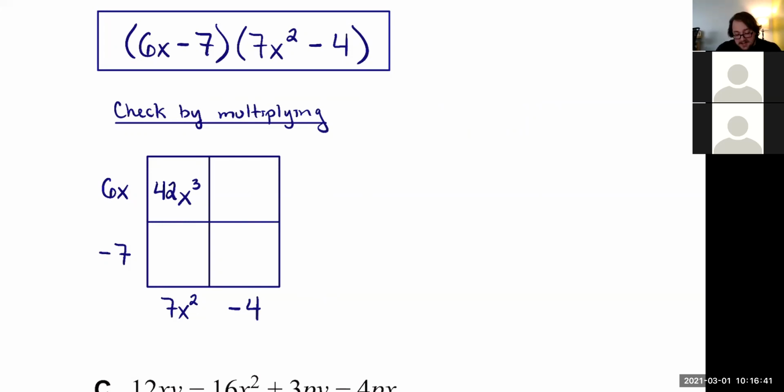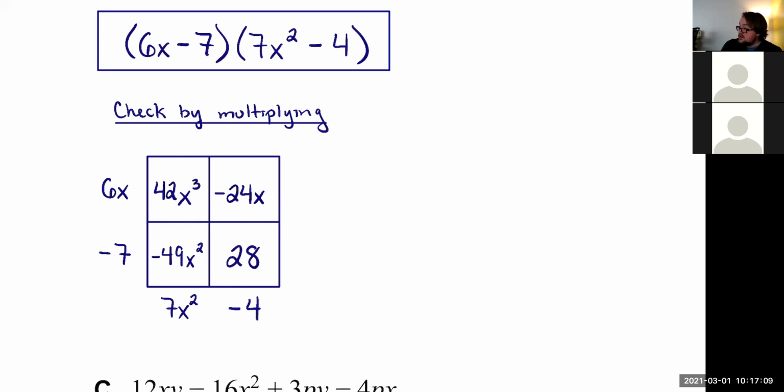Then I move to the right, 6x times negative 4 should give me a negative 24x. Moving down to the second row, negative 7 times 7x to the second gives me negative 49x to the second. And the last one here, negative 7 times negative 4 gives me a positive 28.